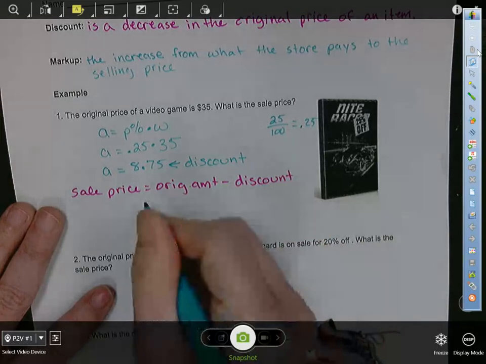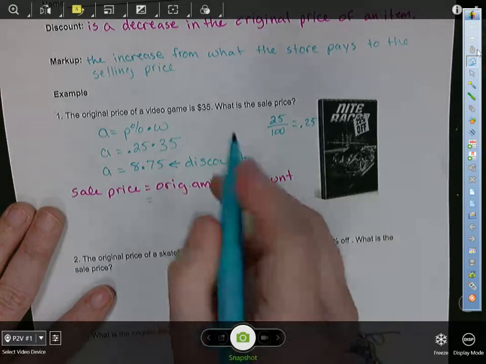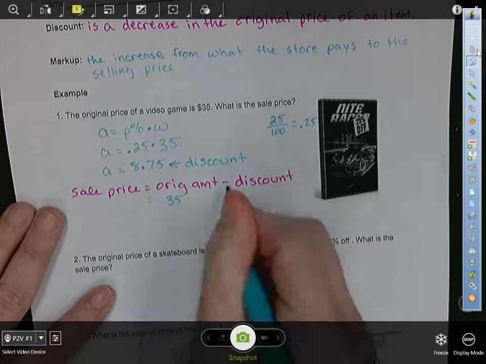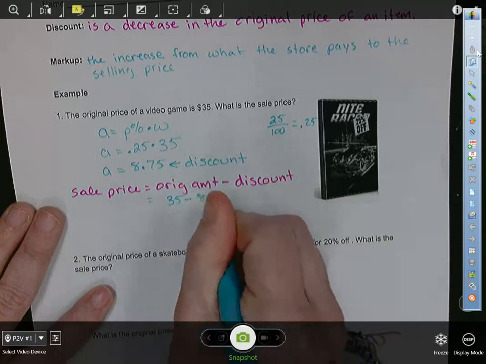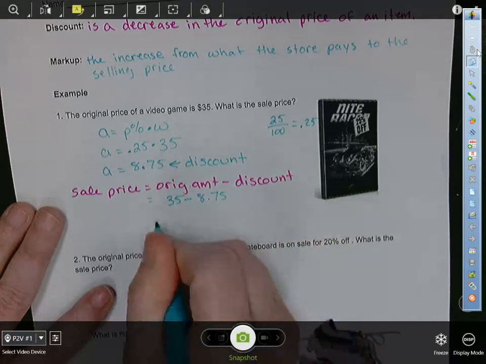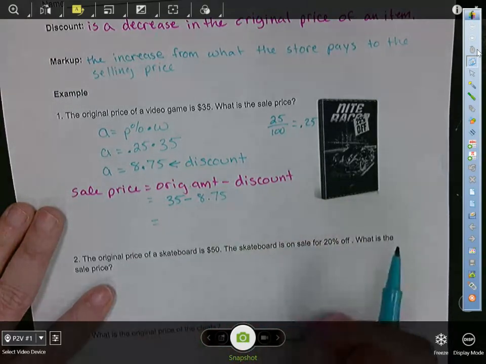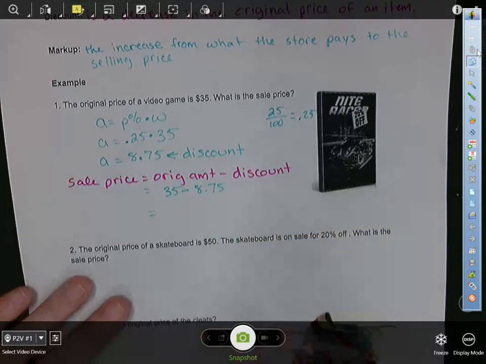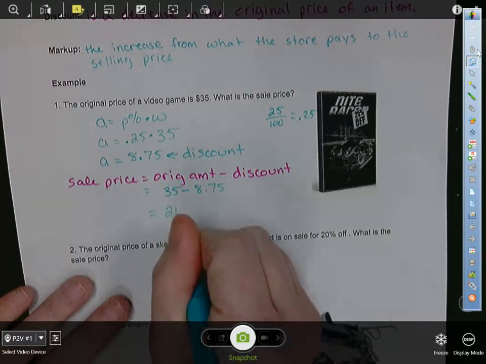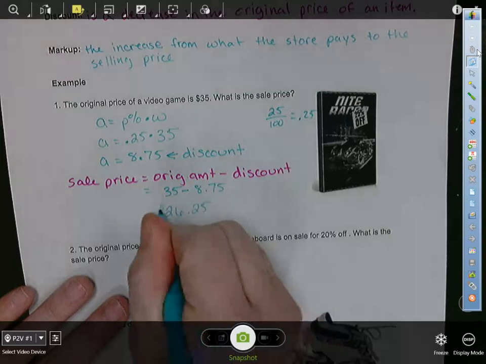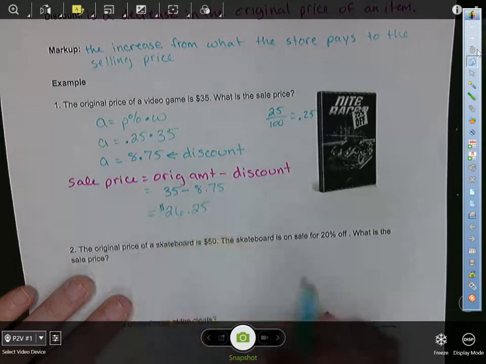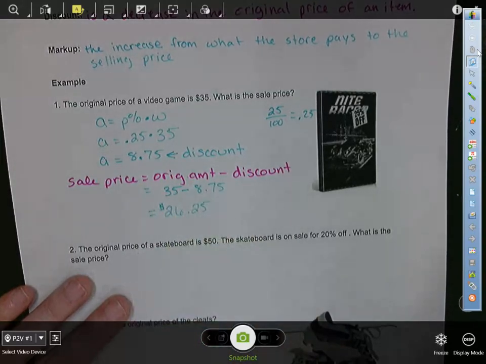All right, so for the sale price, the original amount was $35, and you subtract the discount, which was $8.75. So tell me, what is 35 minus $8.75? Okay, so hopefully you got $26.25. So the new price of the item is $26.25.